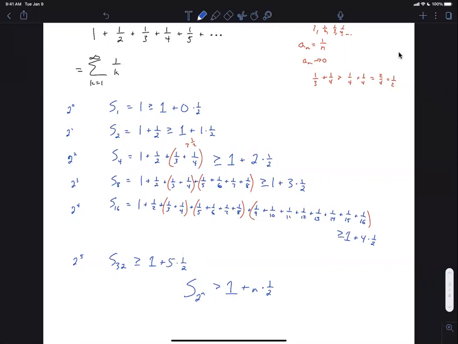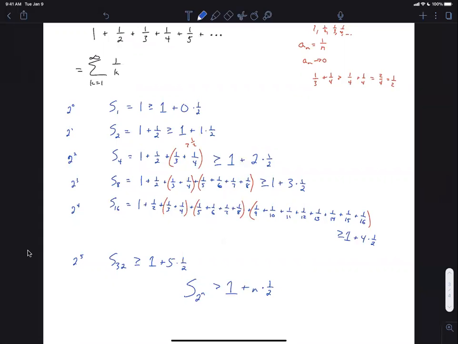And so if you look at 1 plus 4 times a half, you've got 1 here, you've got a half here, you've got another half here, but bigger. You've got another half here and another half here. So there's 4 halves there. And so this is bigger than or equal to 1 plus 4 times a half. Does that make sense to people who are asking that in chat? Can you just confirm that you understand what I'm saying? Everybody clear?